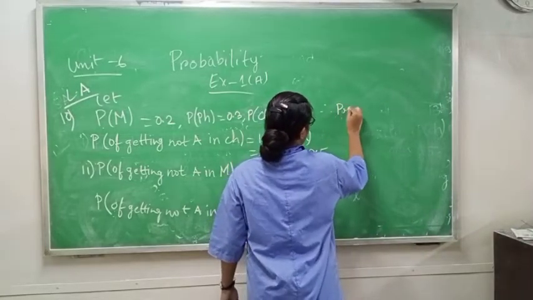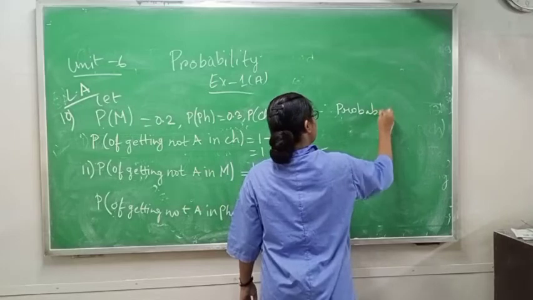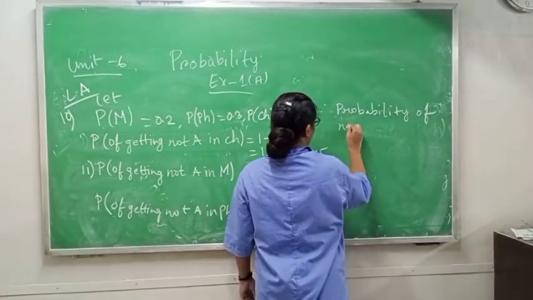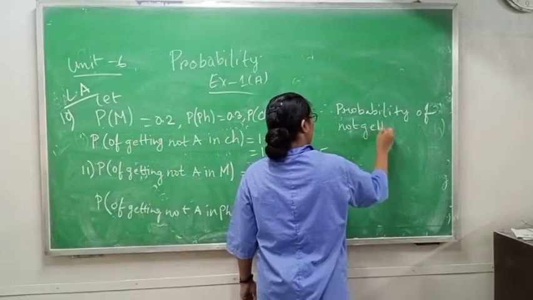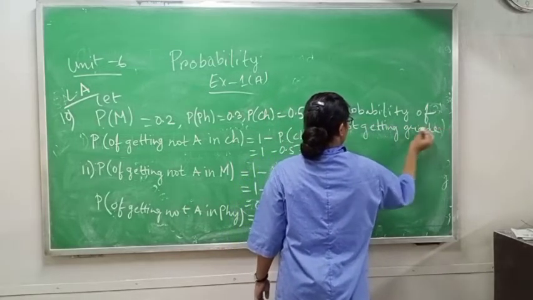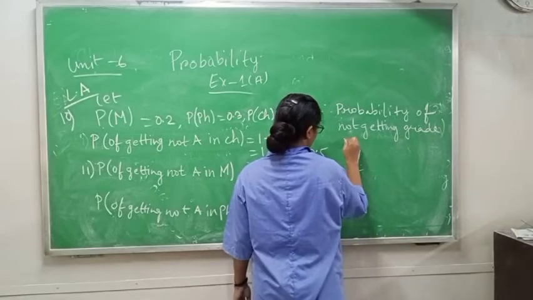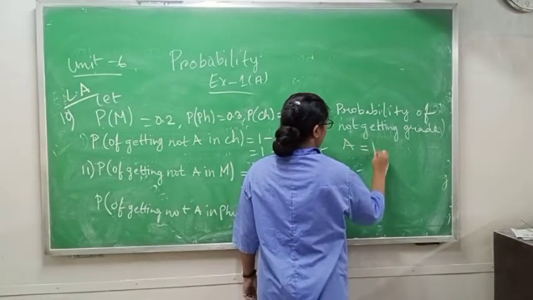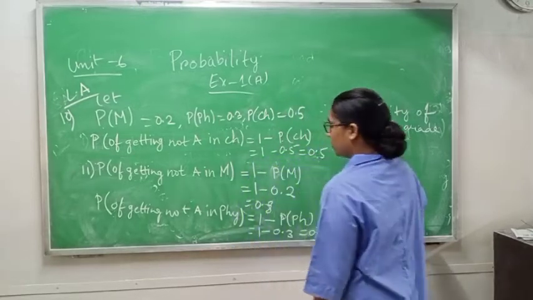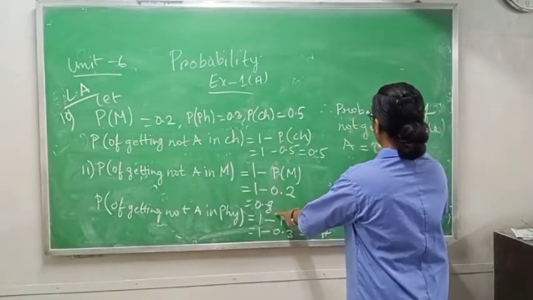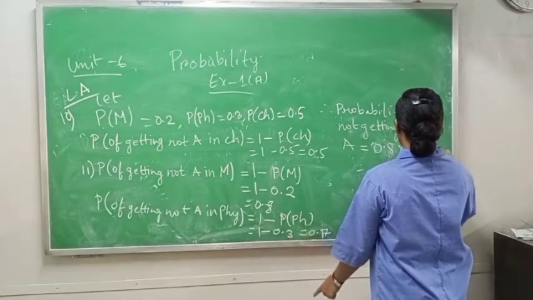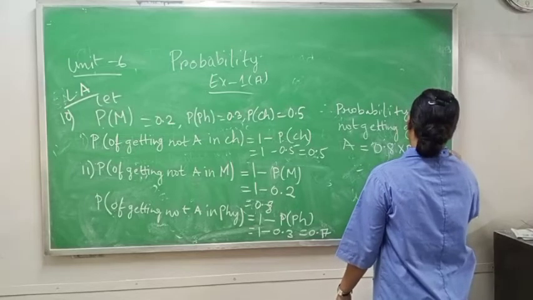Therefore, the probability of not getting grade A is equal to 0.8 into 0.7 into 0.5.